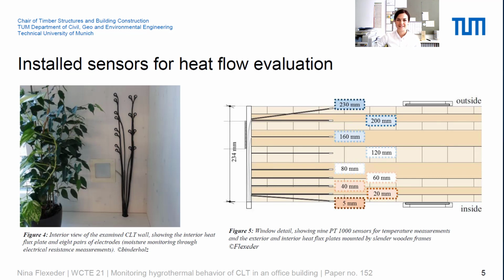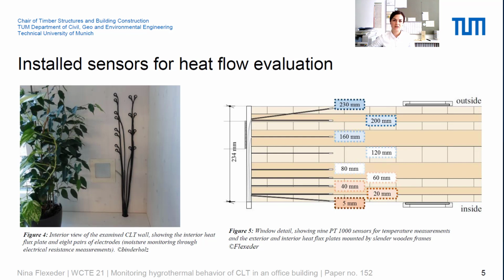So here on the left-hand side, you have a picture where you can see one of our heat flux plates mounted inside, as well as 8 pairs of electrodes that we used to measure the electrical resistance in different depths of the material.